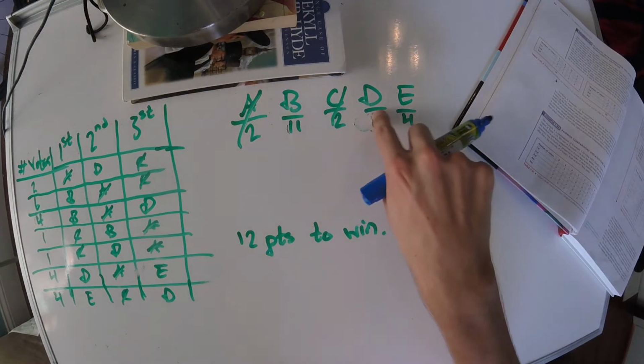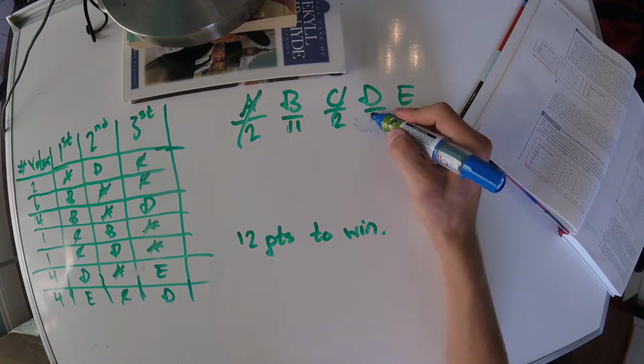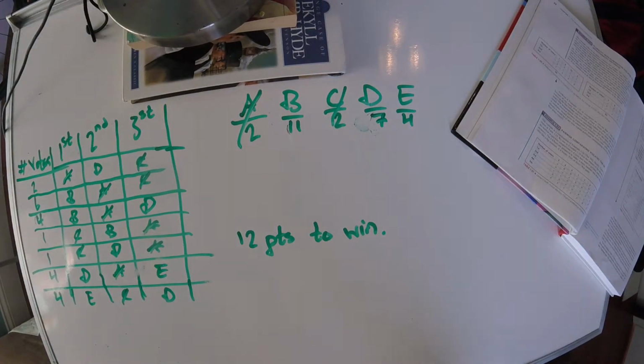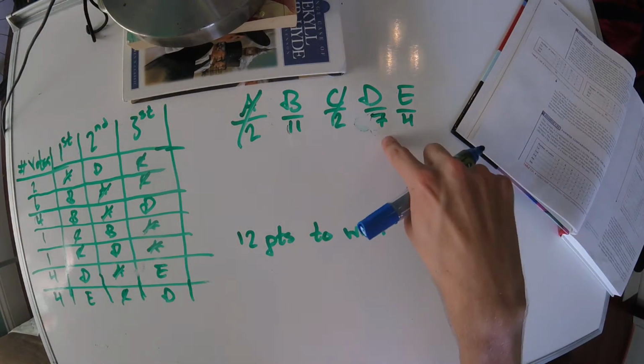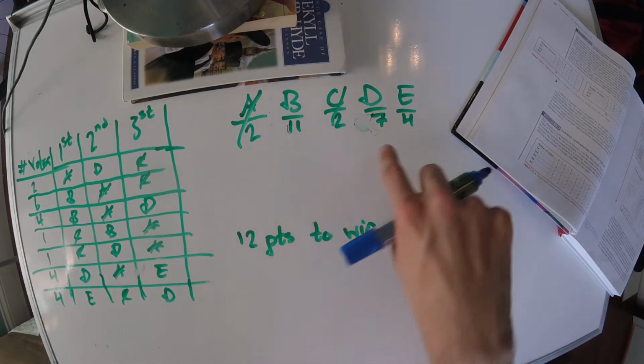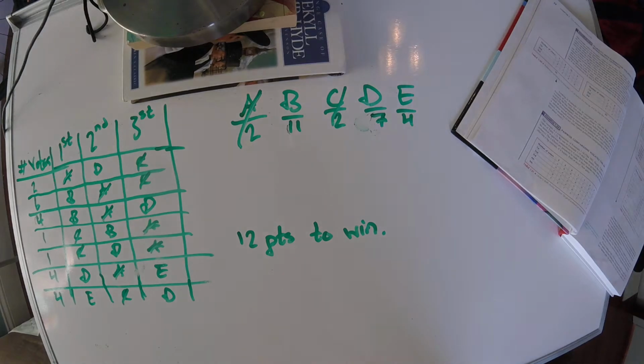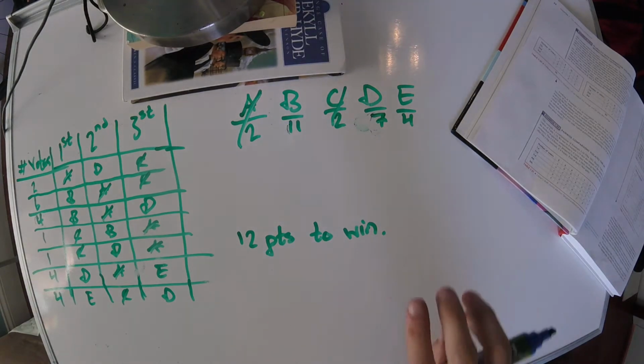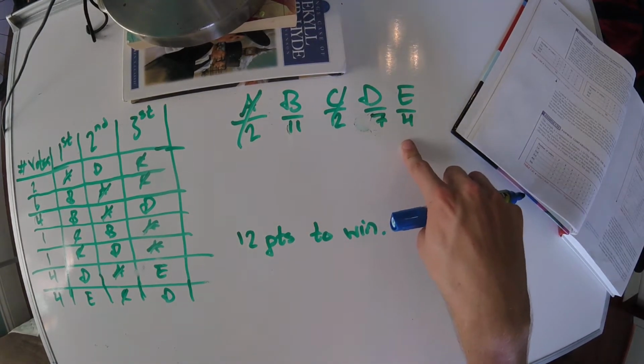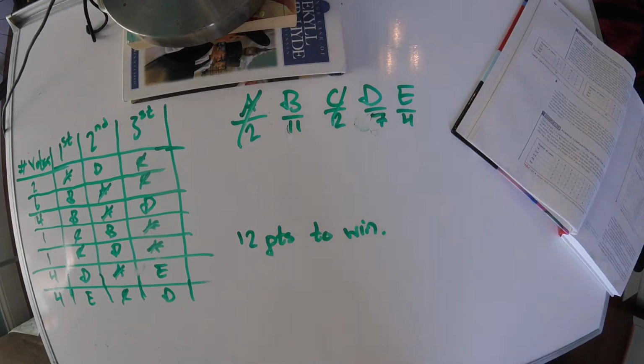Whoops, okay, so D should actually have 7 now, because we added 1 to D when we eliminated C. So D started with 4, added 1, made it 5, and now we added 2, so we made it 7. Okay, now we're good. The total number of points should add up to 22 until points start disappearing at some point, which can happen with this type.